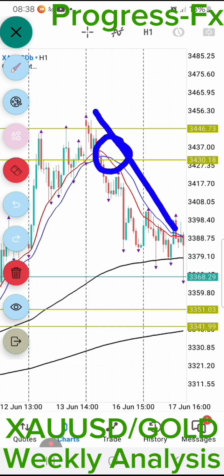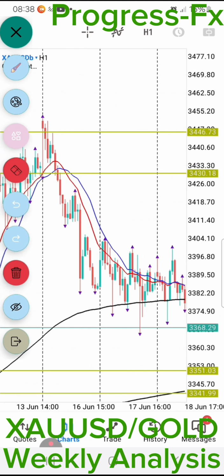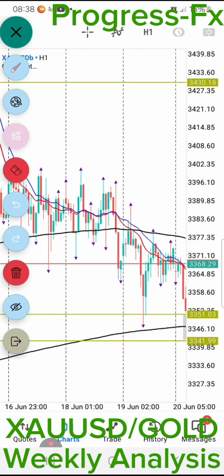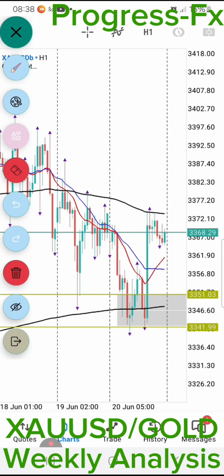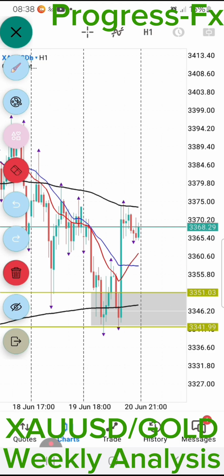And since that time, you will agree with me that the market never crossed back until it crossed below the 84 moving average, down to almost the 200 moving average, before it crossed back in this area.